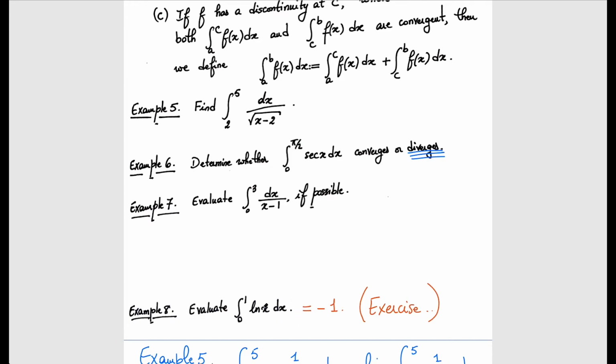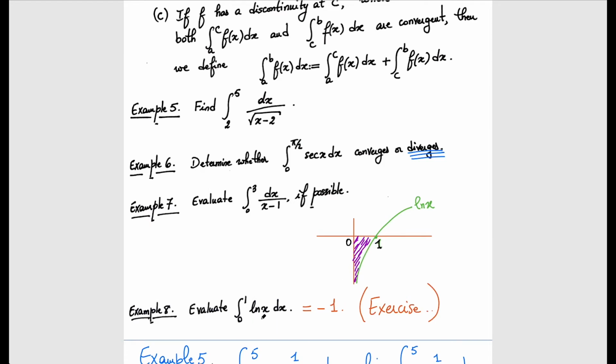And what can be the interpretation of this? Well, consider the graph of ln of x. This point here is 1, and this point here is 0. So technically, you're trying to find this area.